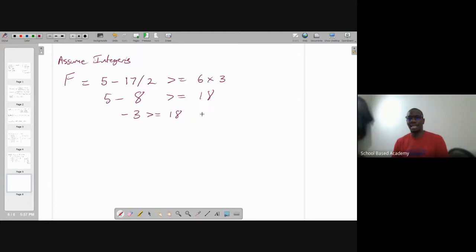The answer for this is false. So you see, we have to do the mathematical operations first before we can do any sort of comparison operation. So that's just use of a comparison operator.